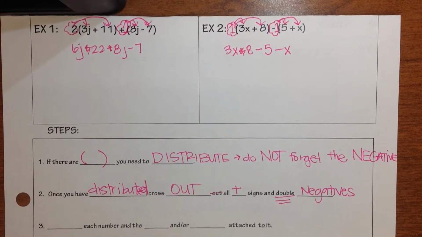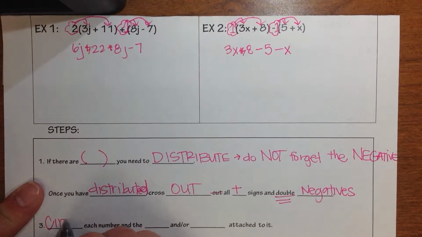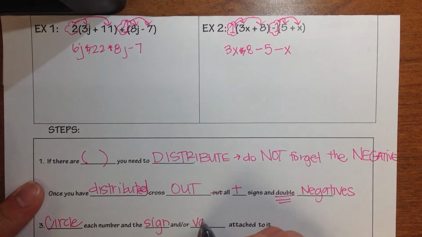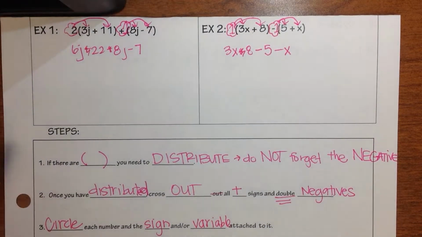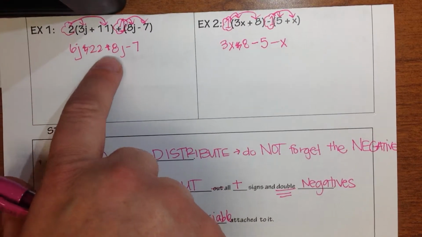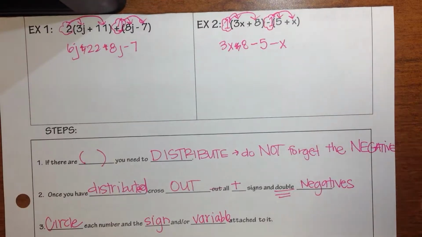Step number 3 is circle each number and the sign and/or variable attached to it. So like on this one, there's a variable attached to it. This one, just a sign, which is a plus.